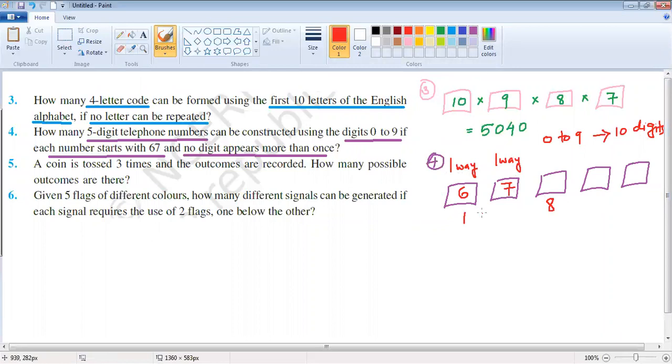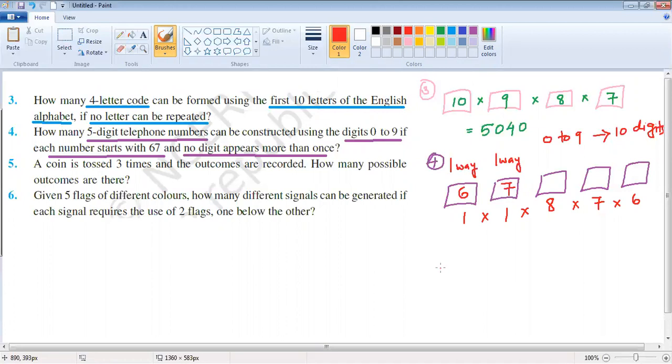So 1 into 1 into 8, and the fourth position can be filled in only 7 different ways, and the last digit of the phone number can be filled in only 6 different ways. So in total we can form 1 into 1 into 8 into 7 into 6. 8 into 7, 56 into 6.